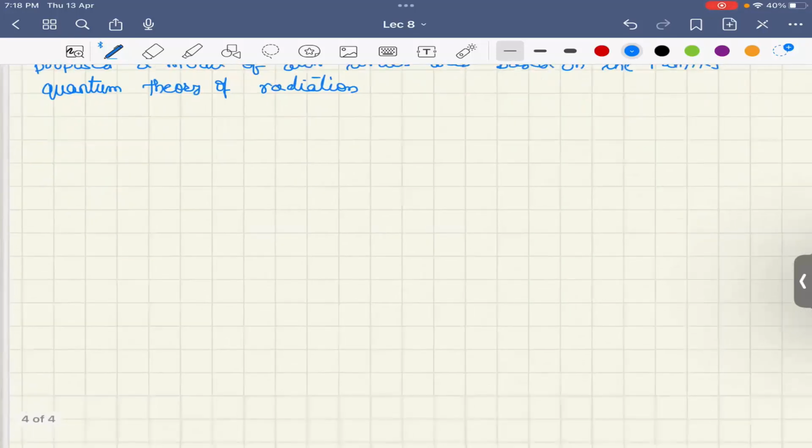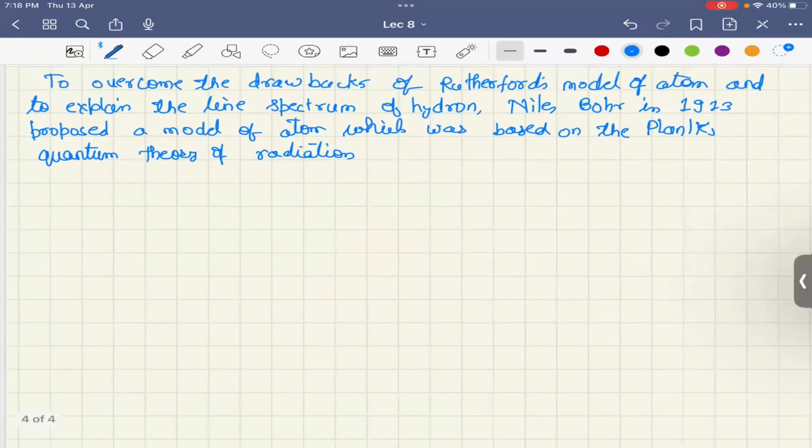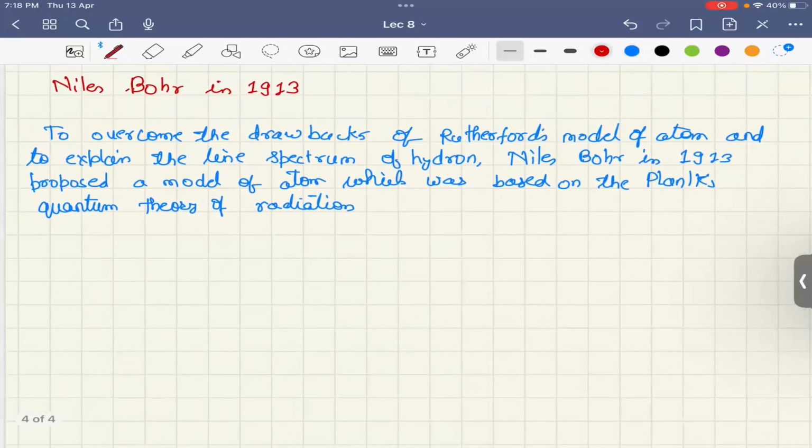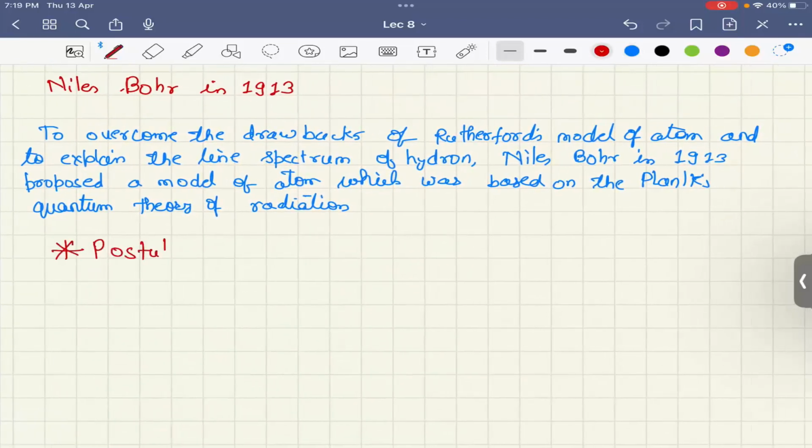So we are going to study the postulates of Bohr's atom, or Bohr's theory or model.